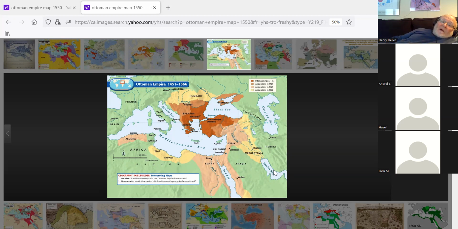This empire was greater than any state in Europe, both in population and in geography. And of course, you can see in its northern extremity, it extends up into Central Europe, and you're virtually at the gates of Vienna at its northern frontier.